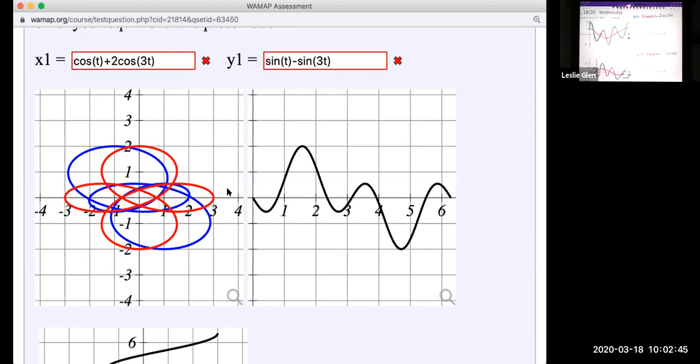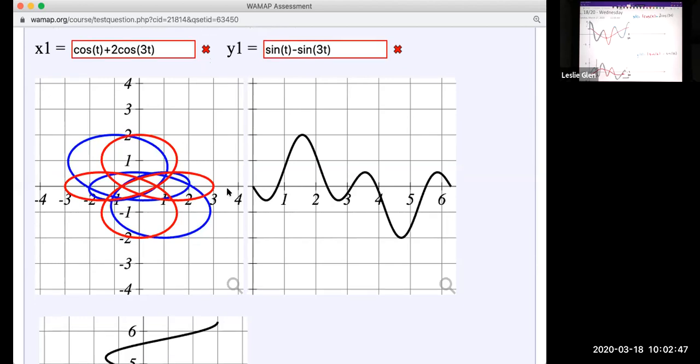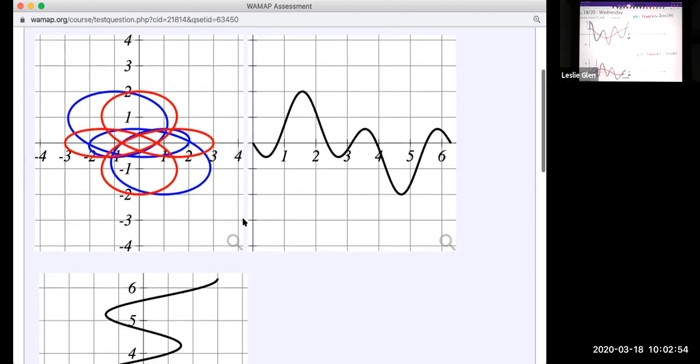So one thing that I will try here is the red graph that you can see right now is very symmetrical. And that's a bit of a problem because the blue graph I'm trying to emulate here is not symmetrical. And so one of the observations I want to make back over on the iPad is that you can see there are 2 cosines in this equation and 2 sines in this equation.